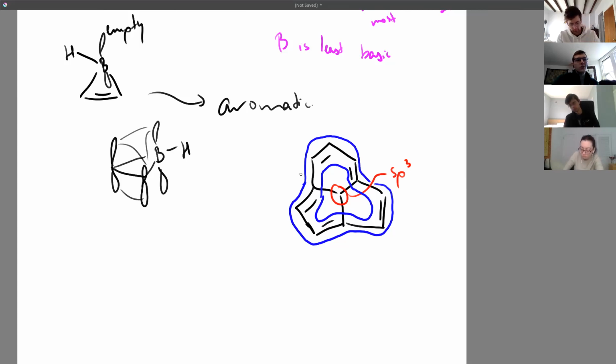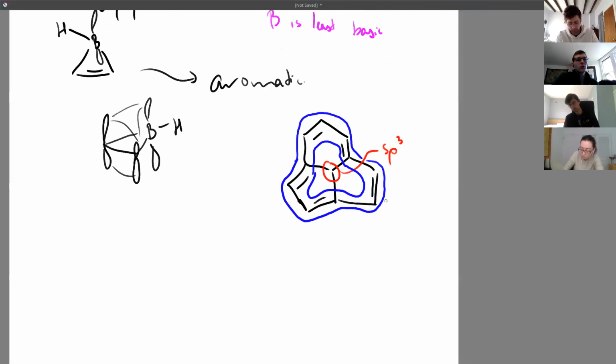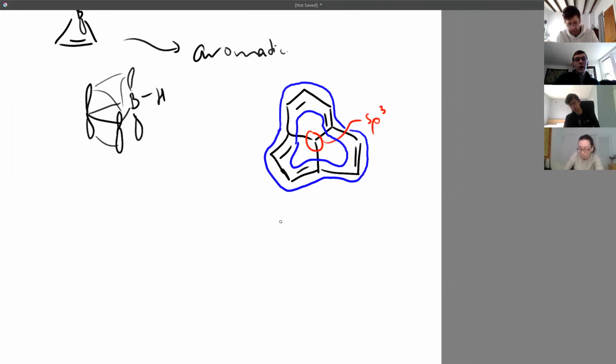And then you could count the double bonds. There's 1, 2, 3, 4, 5. So there's 10 electrons. And so it's aromatic. Despite the fact that there's that sp3 hybridized carbon in the middle, it doesn't affect electrons going around. It doesn't affect the whole thing being planar.